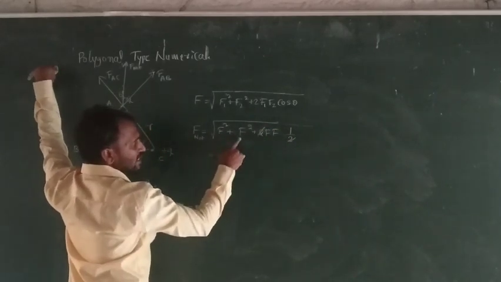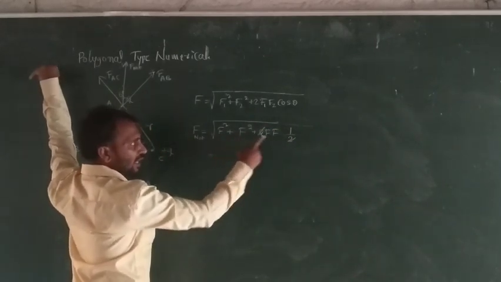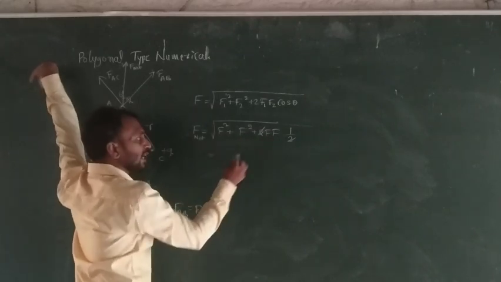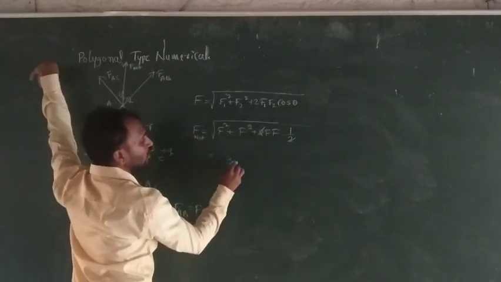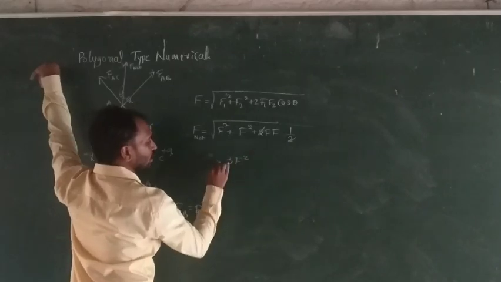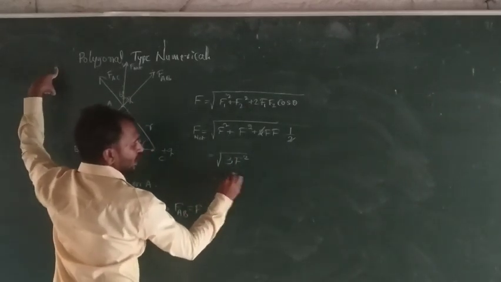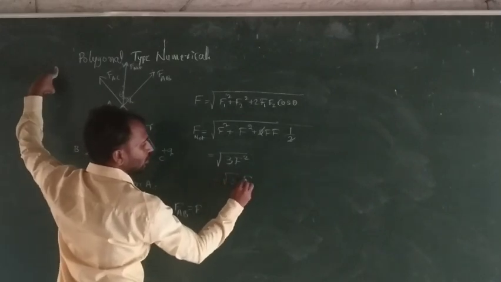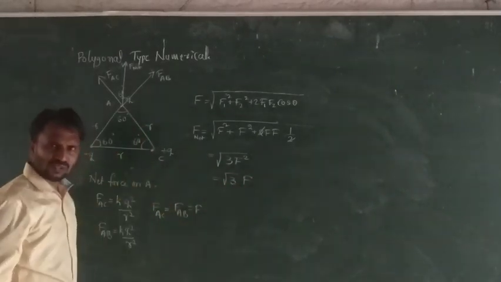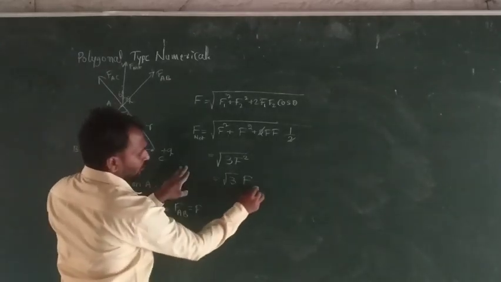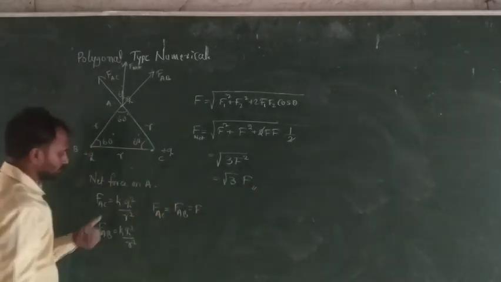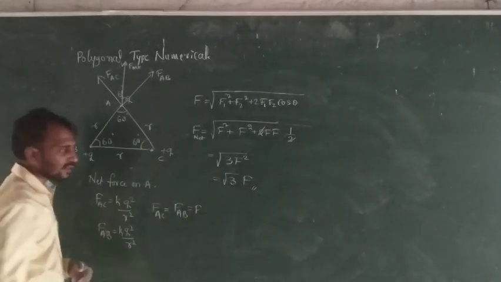F square plus F square is 2F square, plus F into F, F square. So totally we get the square root of 3F square. This equation we can write as root 3 into F, where F value is K Q square divided by R square.